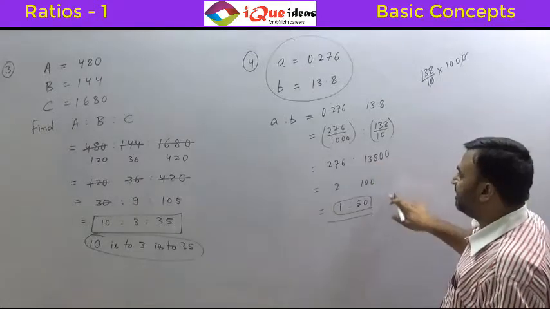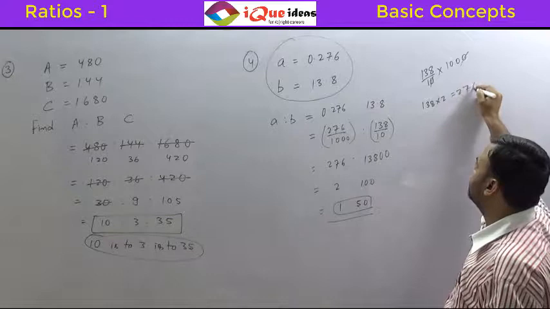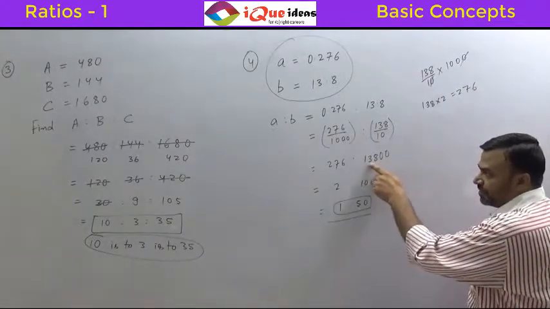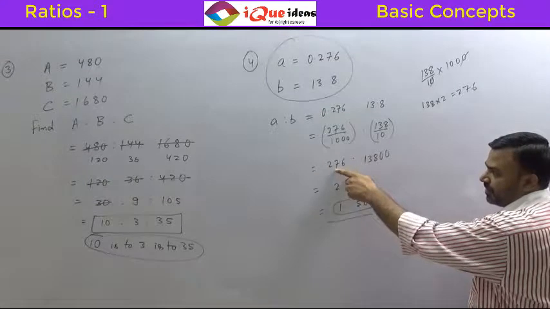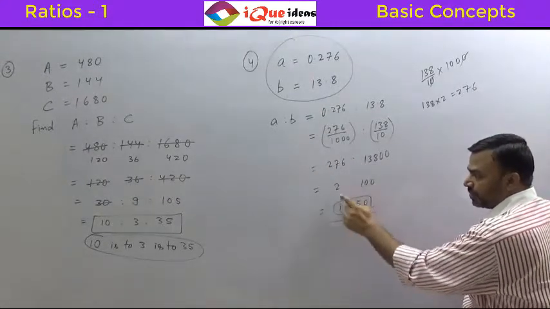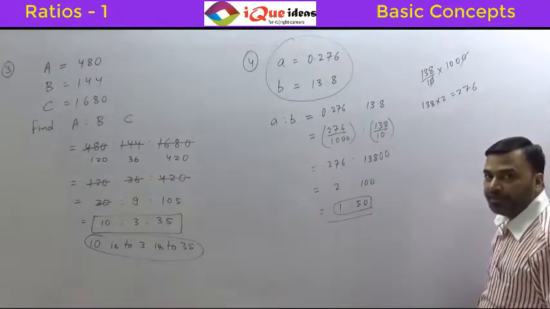Then this whole thing is divided by 138. 138 into 2 is 276. Because 138 is very prominently visible here, and this is twice 138, this becomes 2 and this becomes 100. Then both are divisible by 2, so you divide by 2, you get 1:50. So the final answer of this ratio is 1:50.